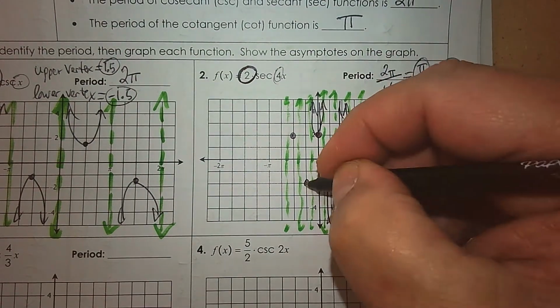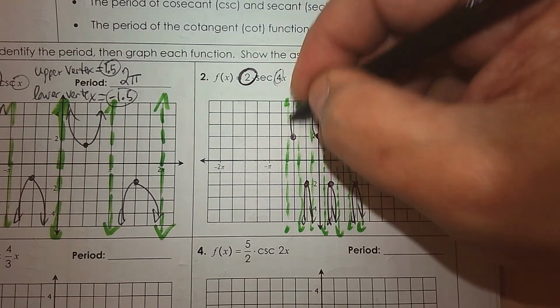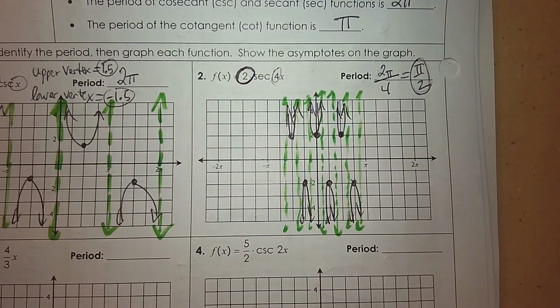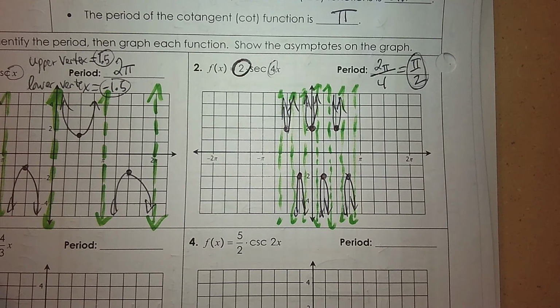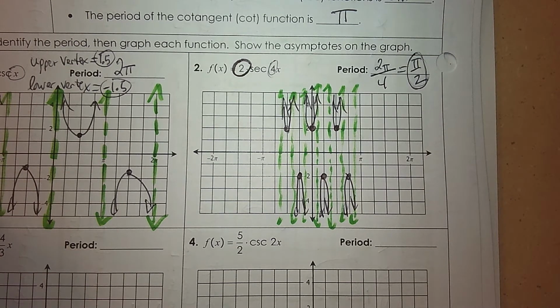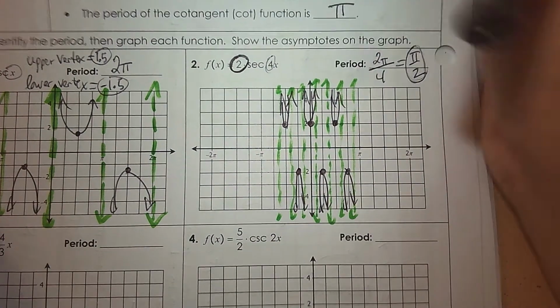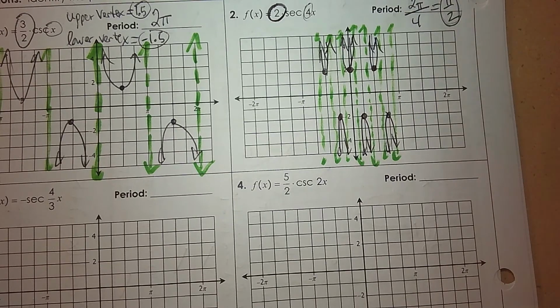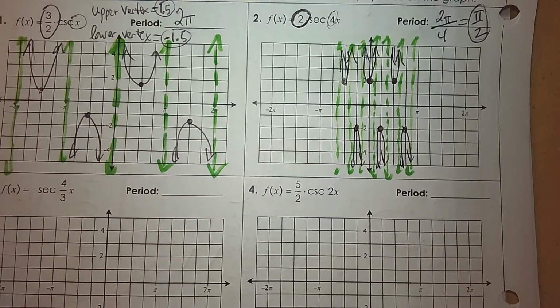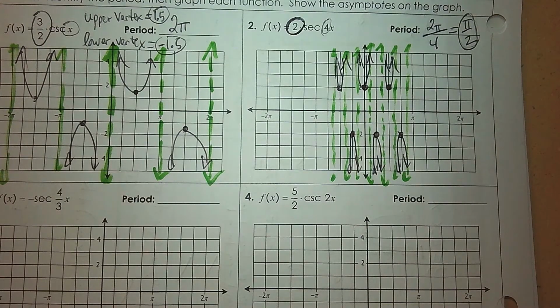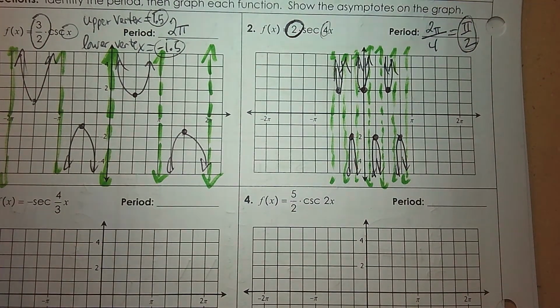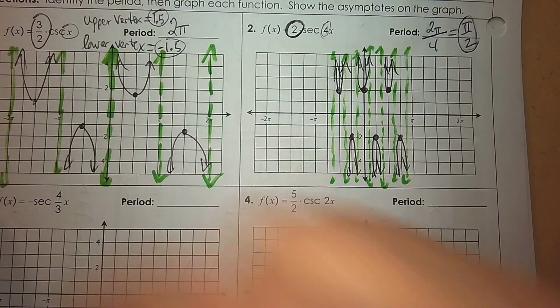So the upper vertices fold up and the lower vertices fold down. Because the period got shortened so much, there's so many little parabolas going up and down in a short amount of time.